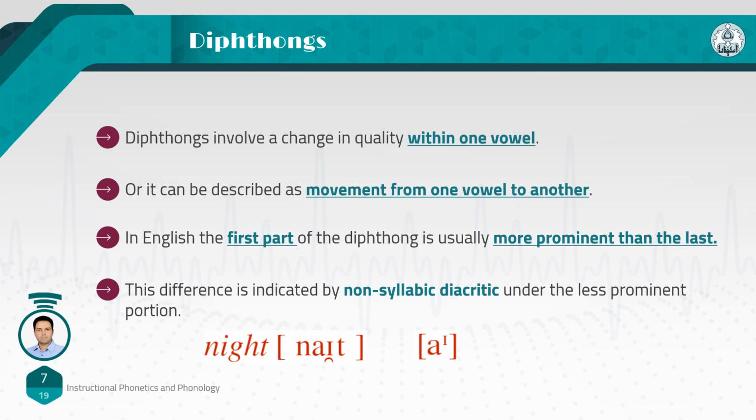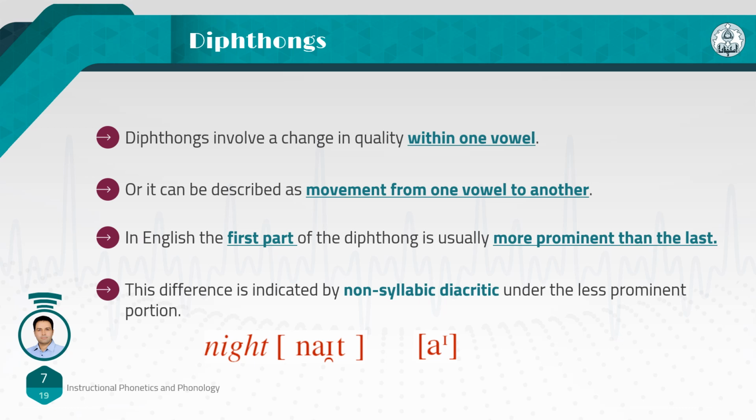When I say I, the first thing that you hear is ah, and then we have e. So the prominent one is the first part, ah, and then the next prominent one is e.